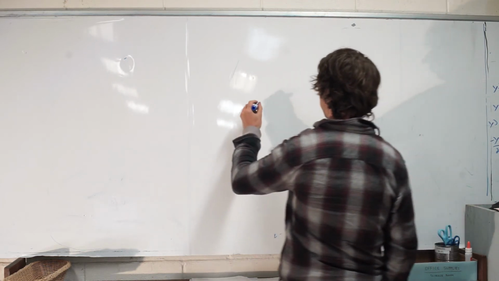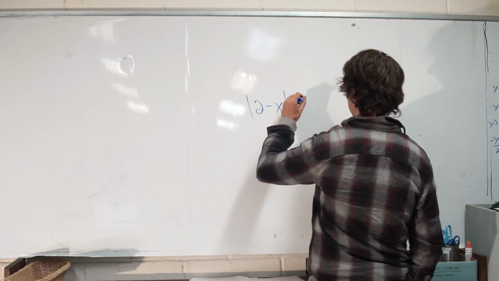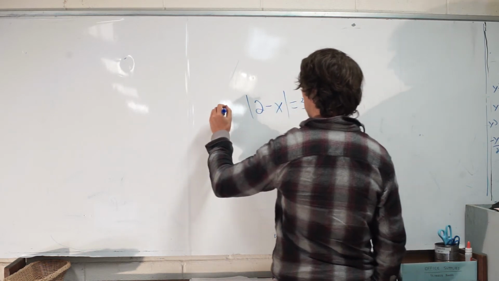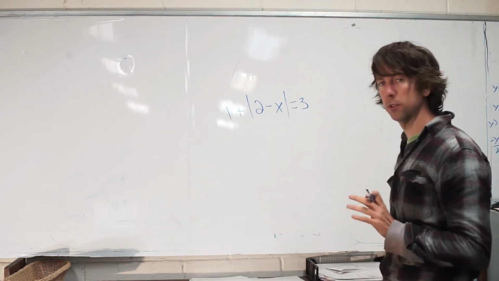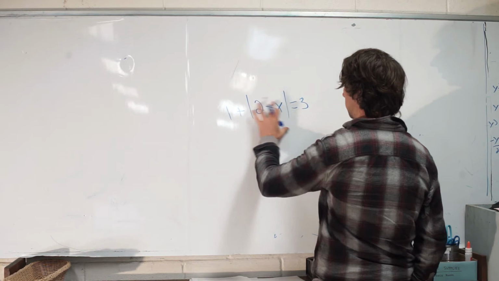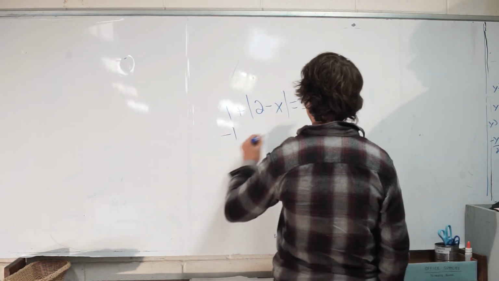What you do is first you solve for the absolute value portion of the equation. So I want to get this by itself. So I'm going to subtract 1.